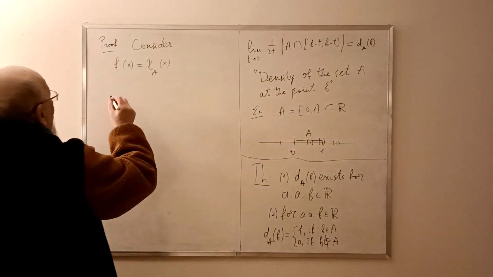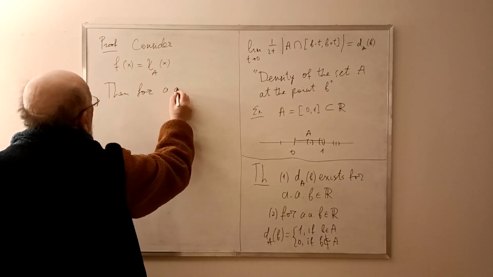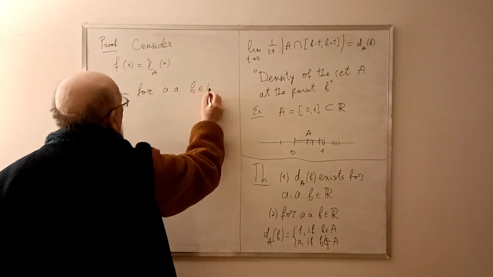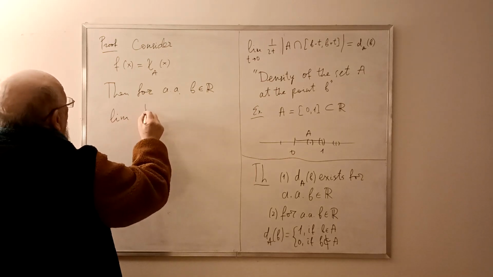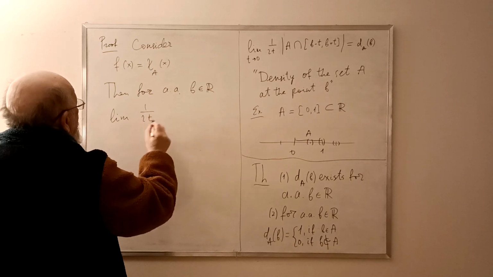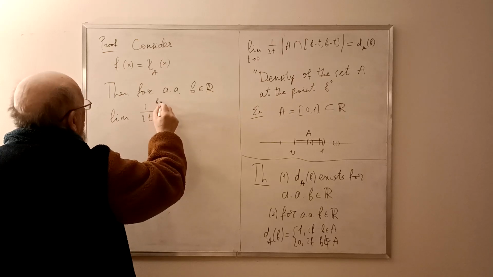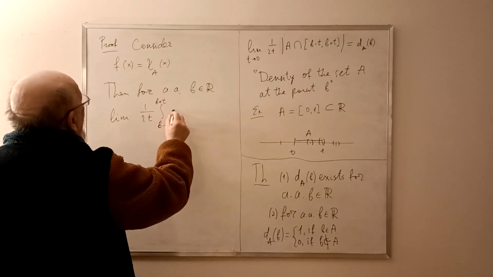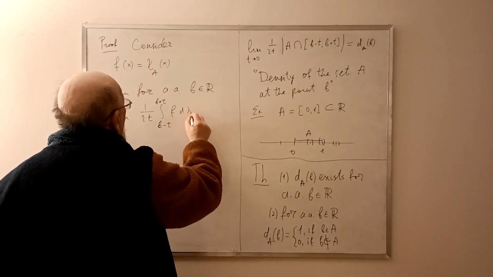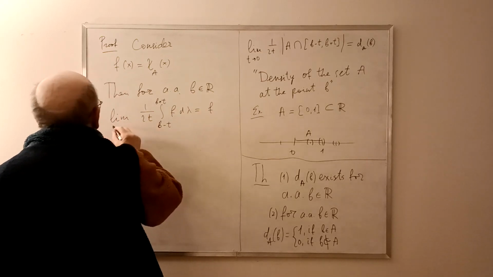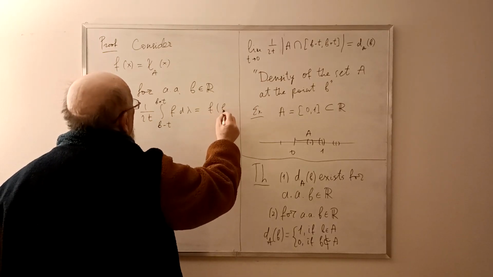So then, for almost all b in R, we have the following limit: 1 over 2t integral from b minus t to b plus t of f d lambda, when t goes to 0, equals f of b.